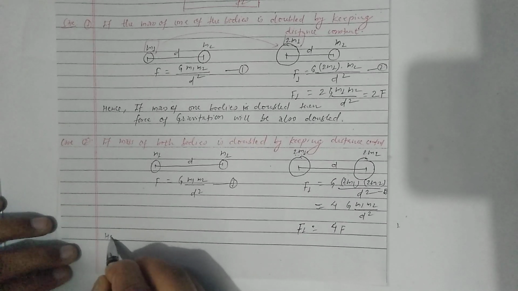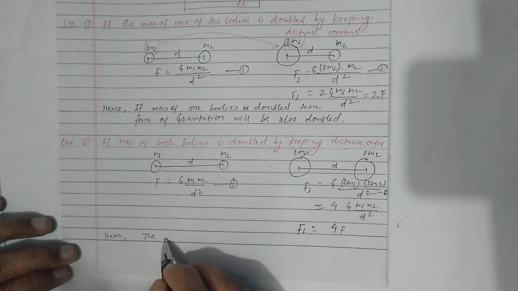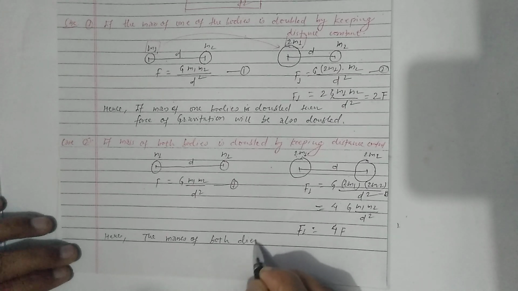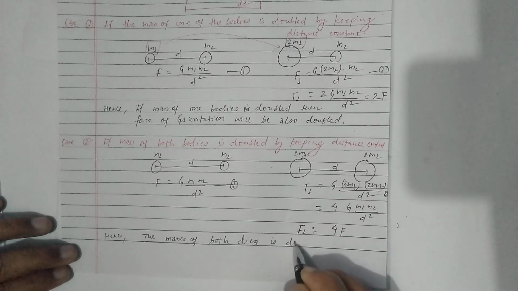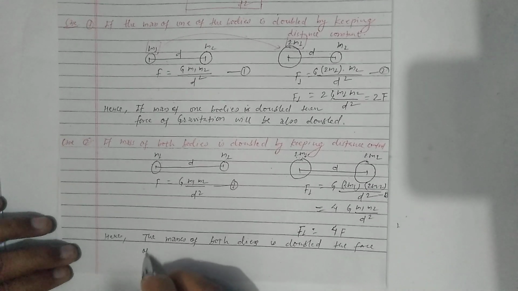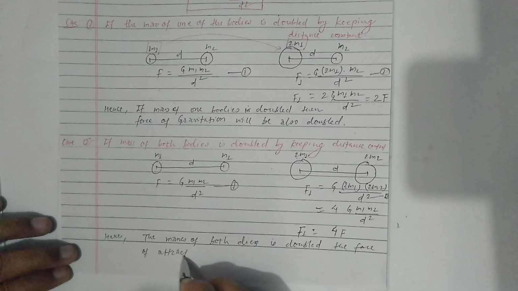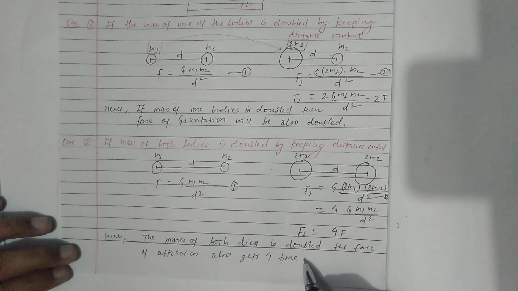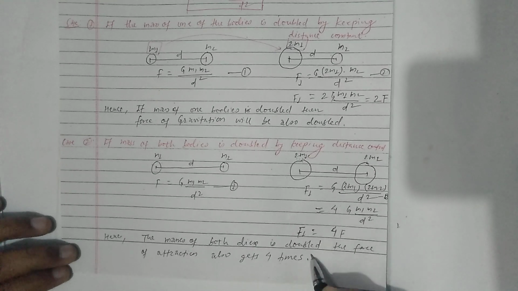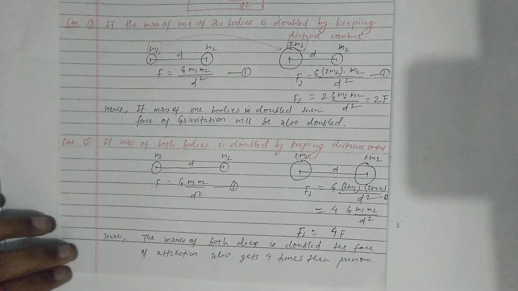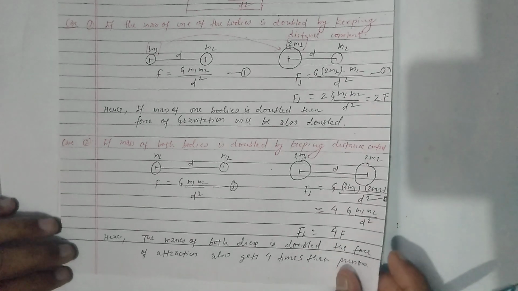So you can write like this: hence, when the masses of both bodies are doubled, then the force of attraction also becomes 4 times the previous. Okay, so you can write like this.